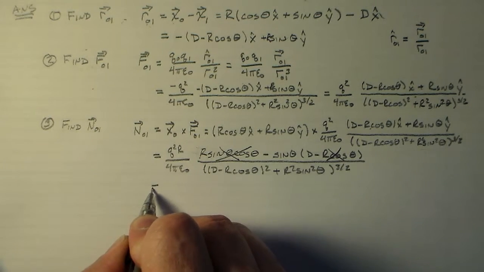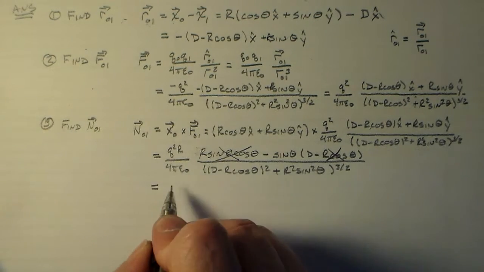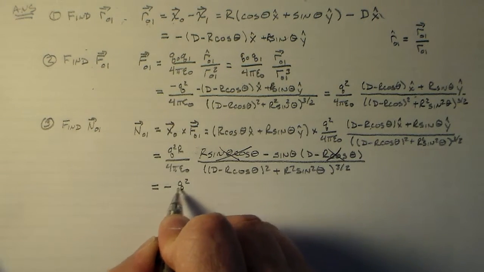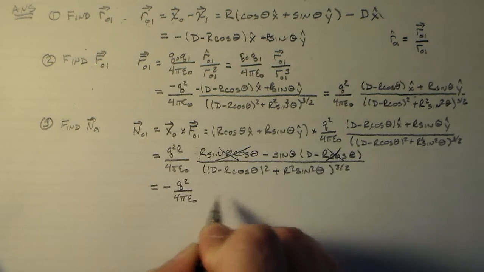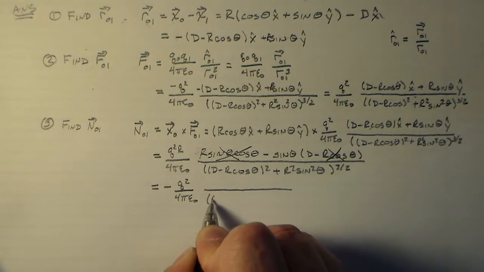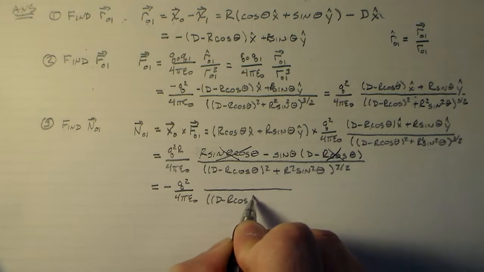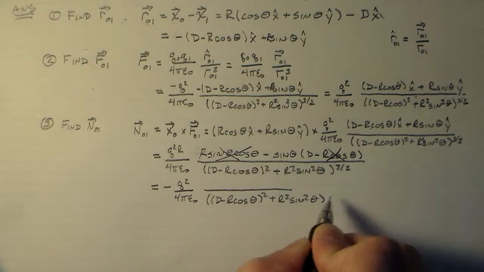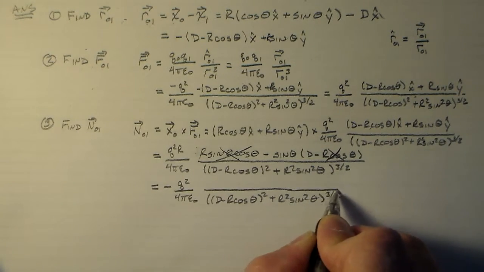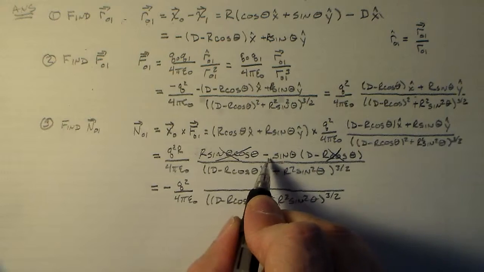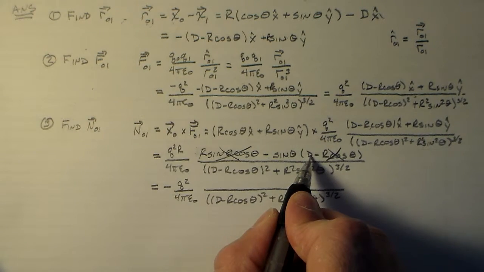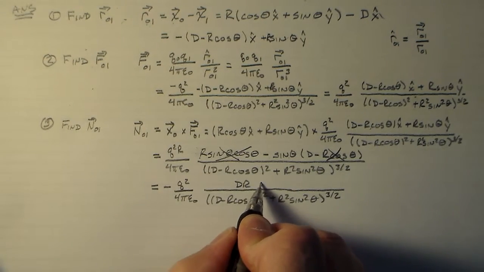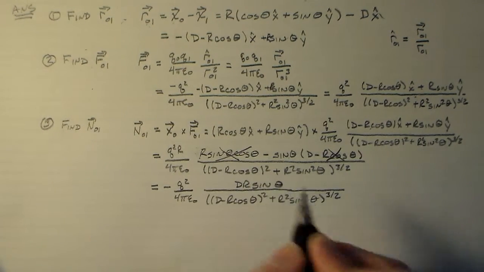So we end up with the very satisfactory minus q squared over 4 pi epsilon naught, then we have our fun denominator, d minus r cosine theta squared plus r squared sine squared theta to the 3/2, right? Taking care of the minus sign, we still need the d and the r and the sine theta. So we have d r sine theta.